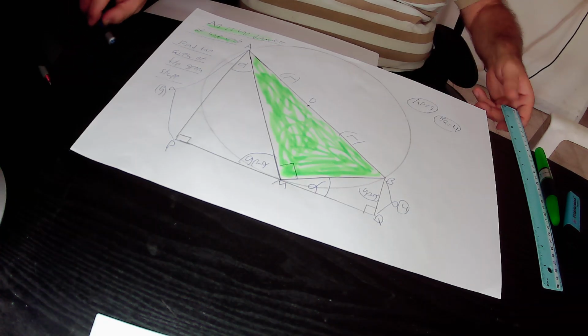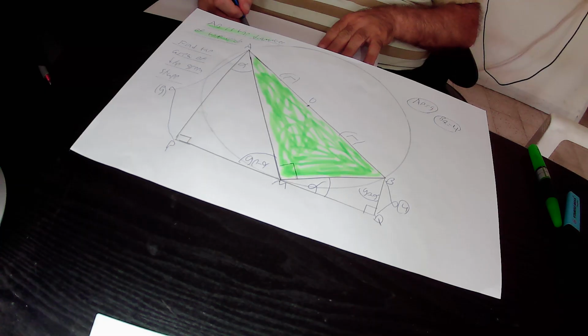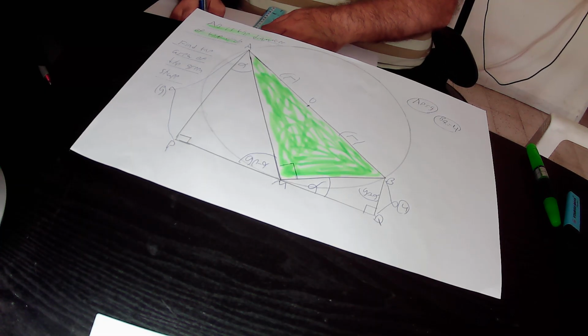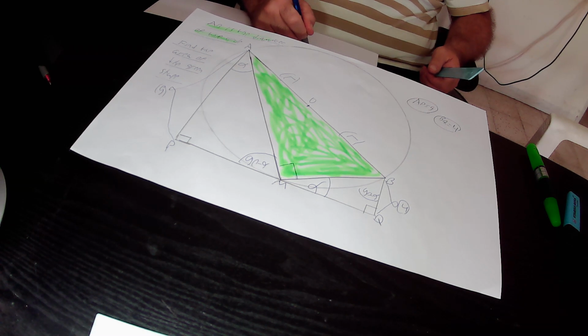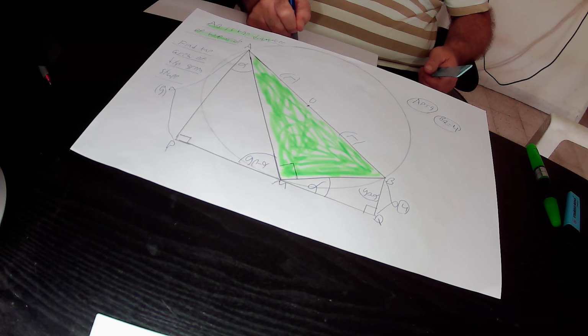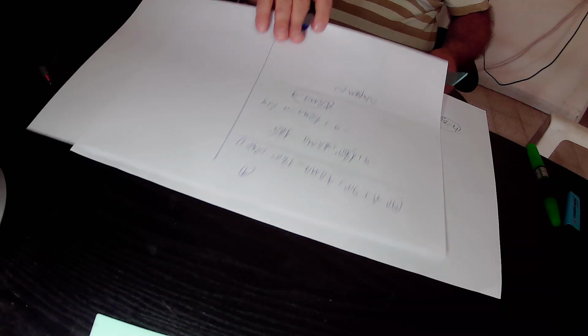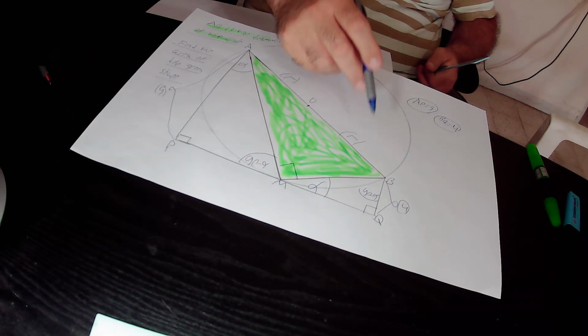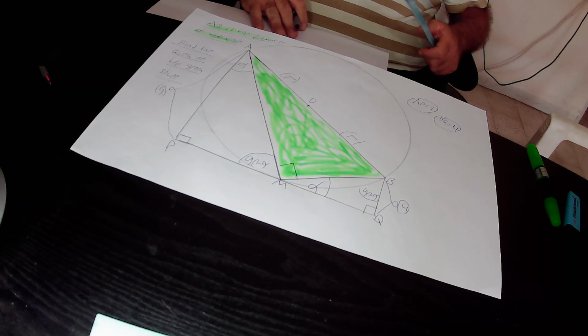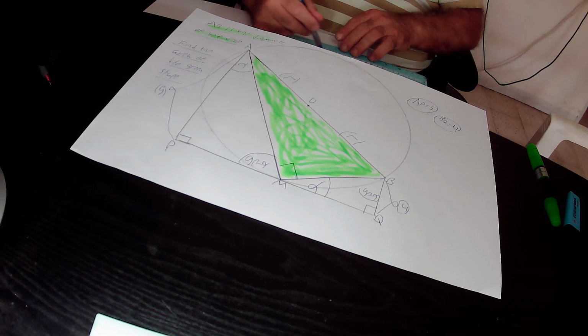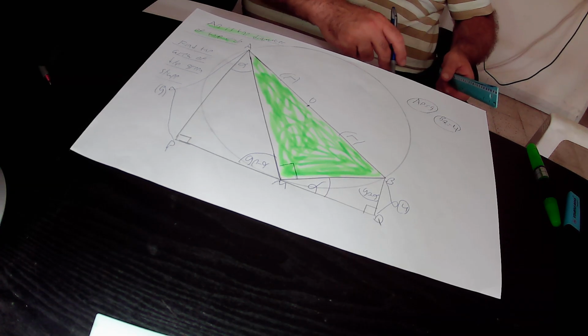So the right triangle APM is similar to this right triangle MBQ according to the angle similarity rule. This is the sign of similarity.